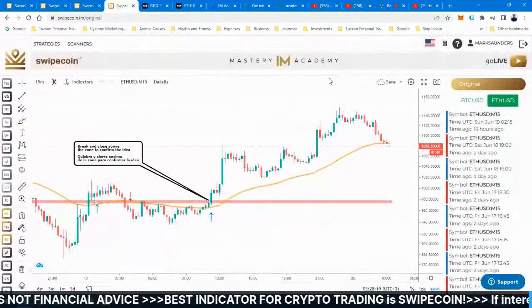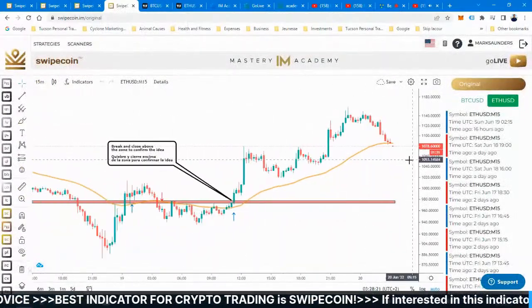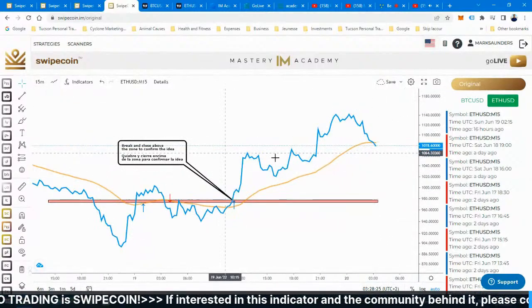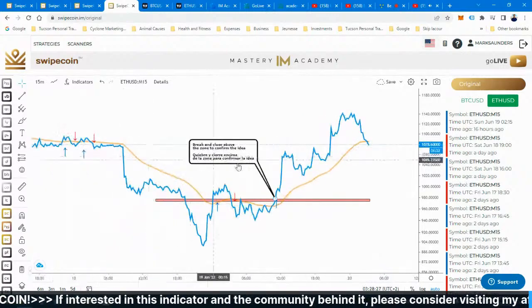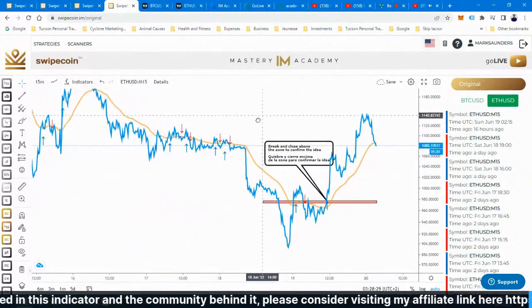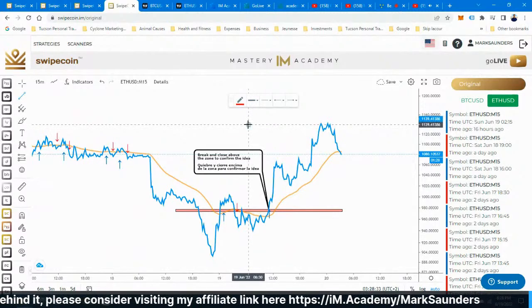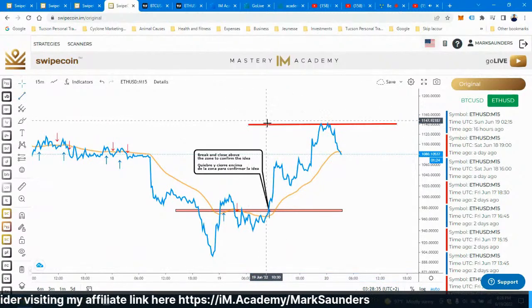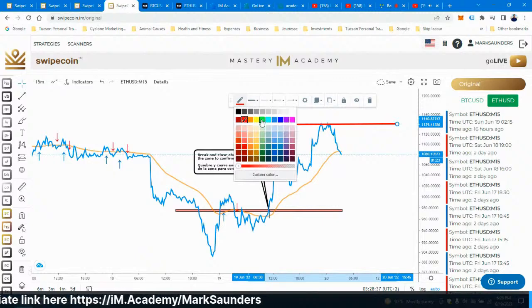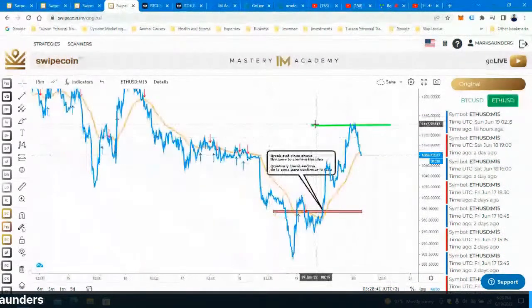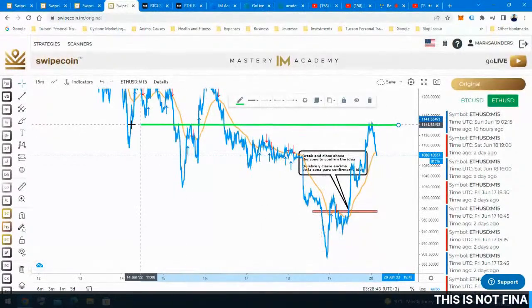Now, let's look at Ethereum. Okay, switch candle chart to a line chart. I'm looking for my resistance. I like to make my resistance green, my support red, and I like to sometimes carry these over if I can.